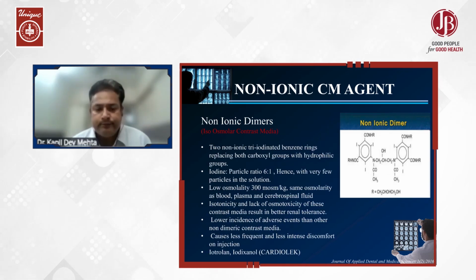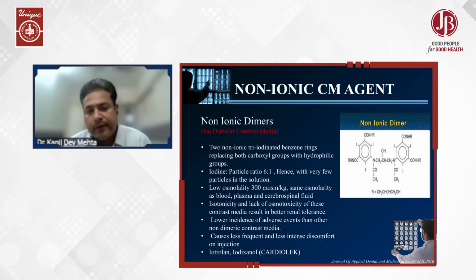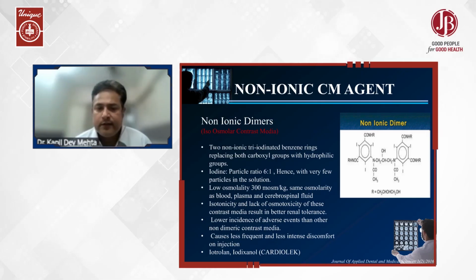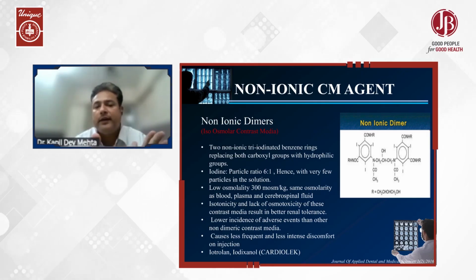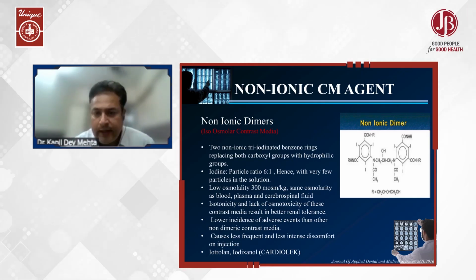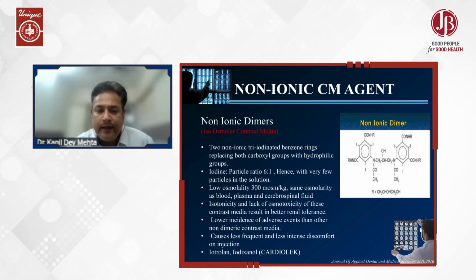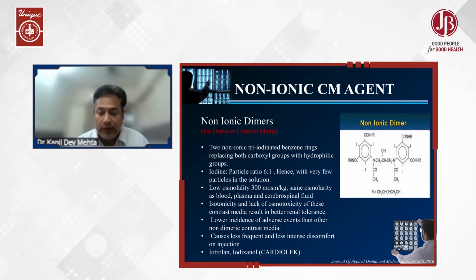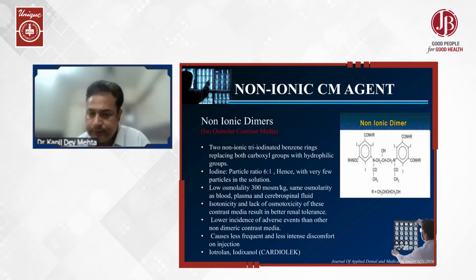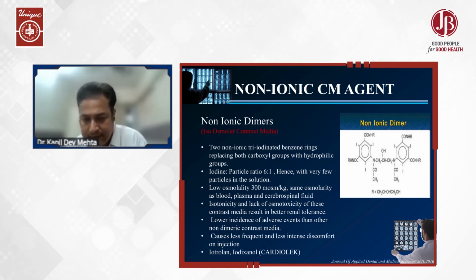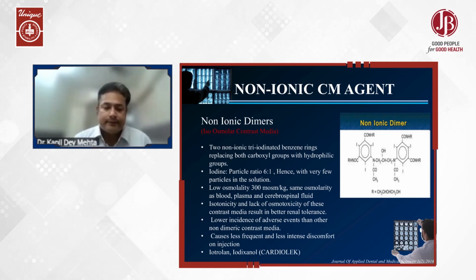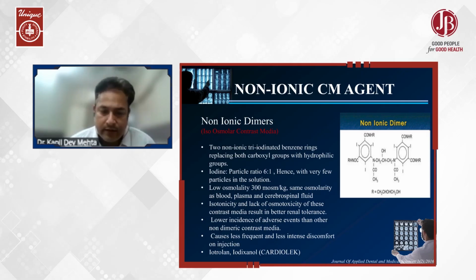Then there are non-ionic dimers. Here the two monomers join together and form a dimer. If you see in the figure, there are six iodine, 1, 2, 3, 4, 5, 6, and one particle. So their osmolality is even lower, with fewer side effects and less discomfort on injection.